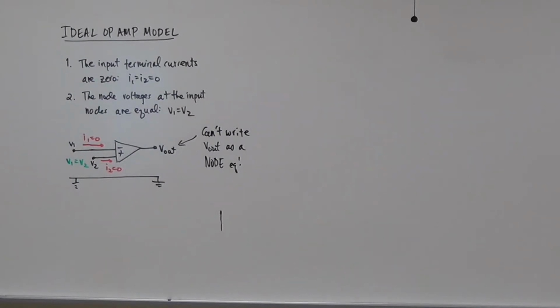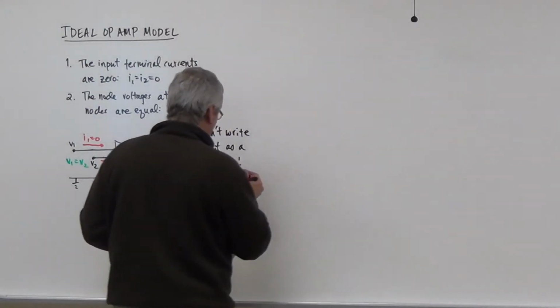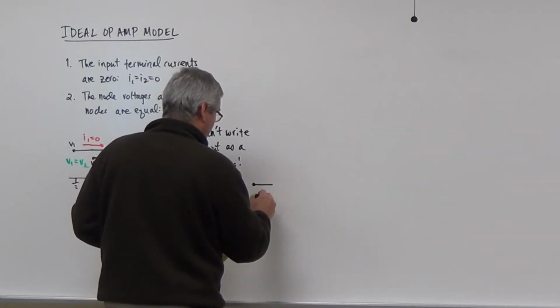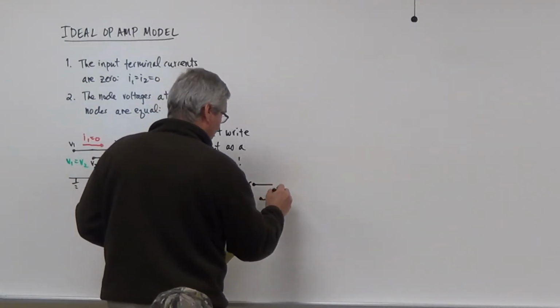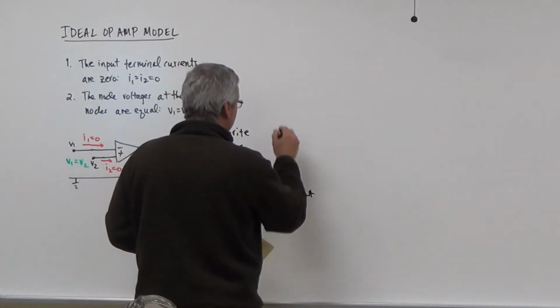It's the voltage source. So what we're really seeing here is that 1 and 2 are the input, and then V out is the output. So it's essentially something like this.